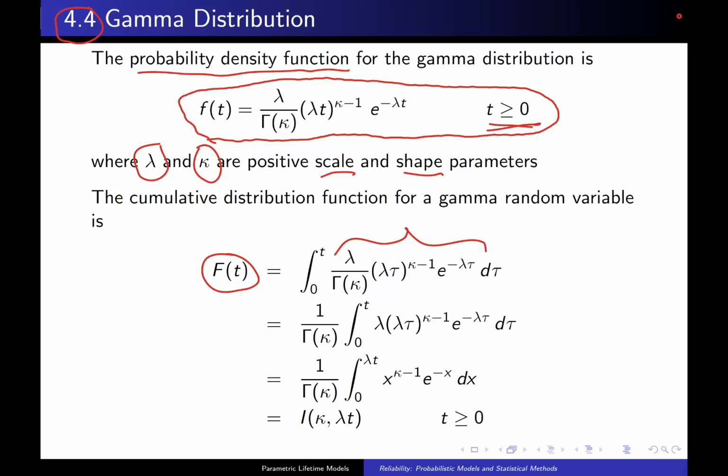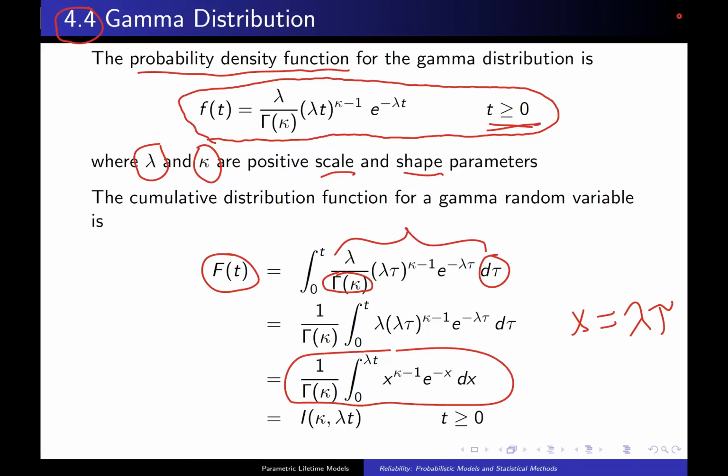Now, it's certainly the case that this gamma of kappa can be pulled out front because the integral is with respect to tau, and that's what's done in that second step. Now, at this point, if we make the substitution x is equal to lambda tau, then that will give us this integral right here.